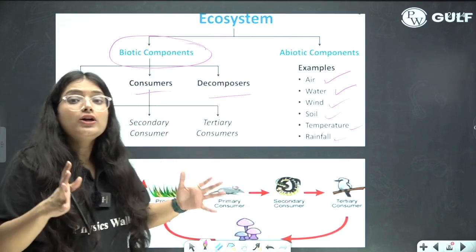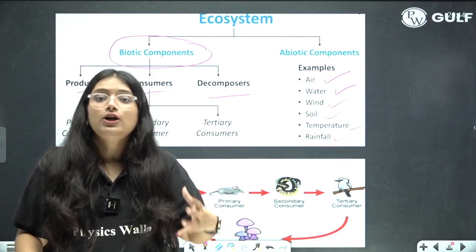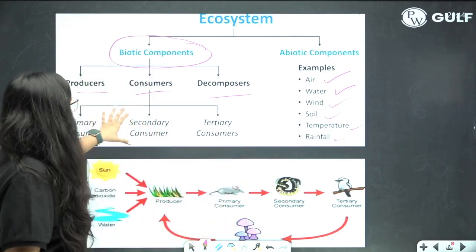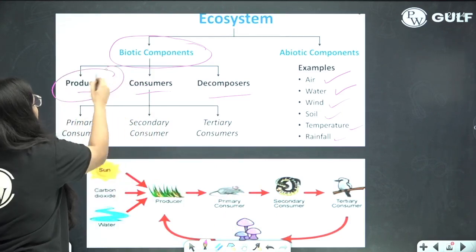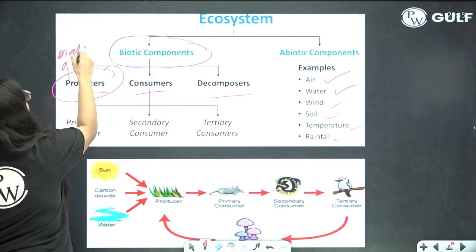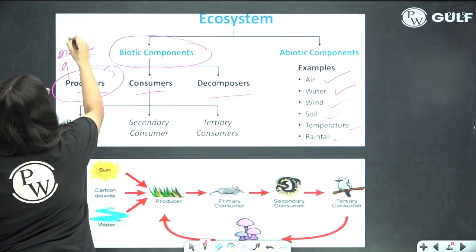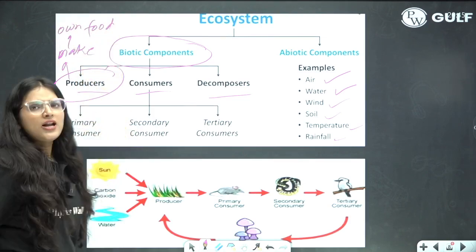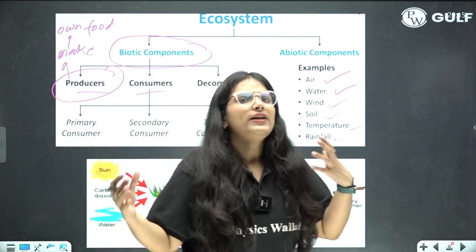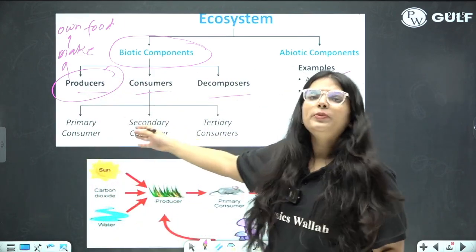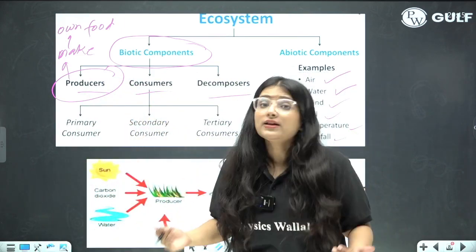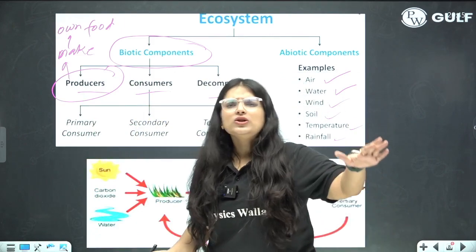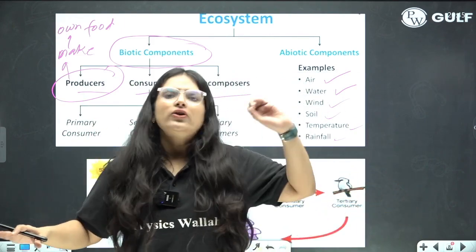We are talking in context with the food, with the energy. So these producers make or produce their own food. It's very clear that these producers will be autotrophs because they can make their own food. Now that could be photosynthetic or chemosynthetic, that we have already covered.